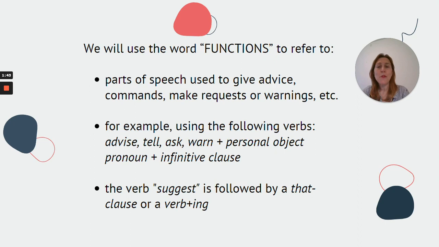And for example, we will use the following verbs: advise, tell, ask, warn, plus the personal object pronoun, plus an infinitive clause. Don't worry if you don't understand these concepts now, because we will illustrate this structure by means of different examples in a minute.